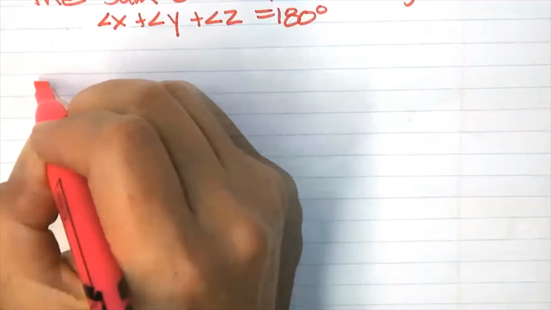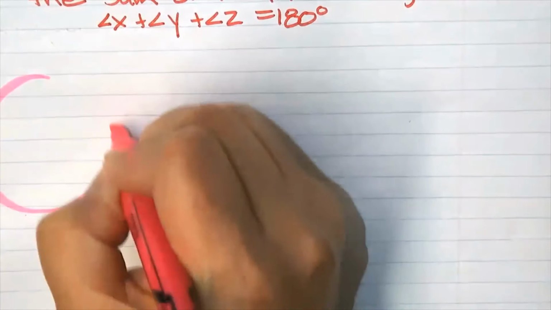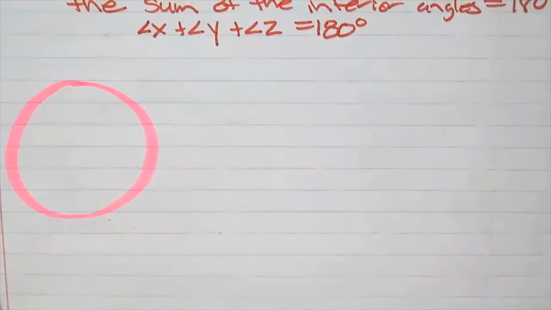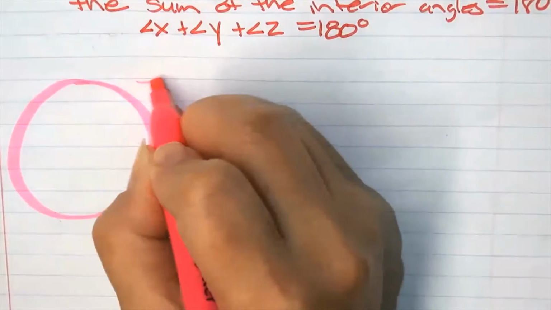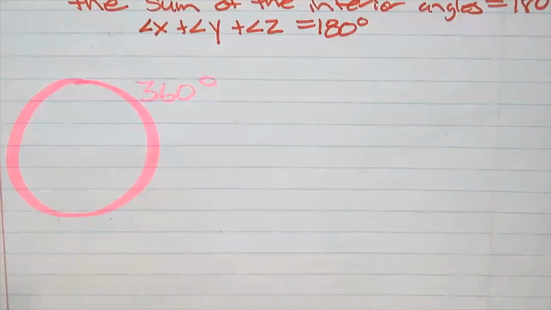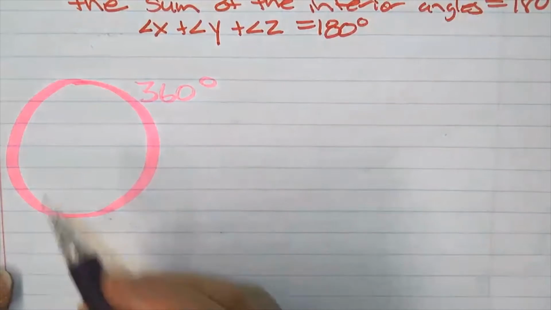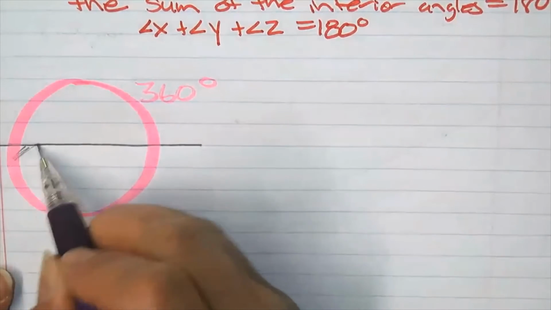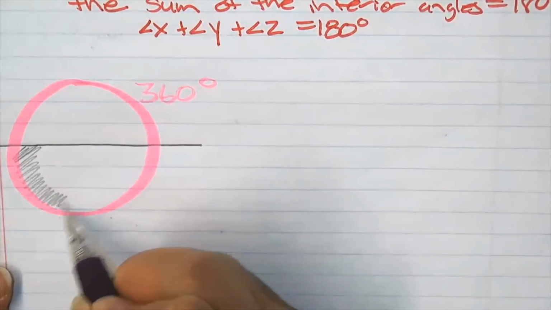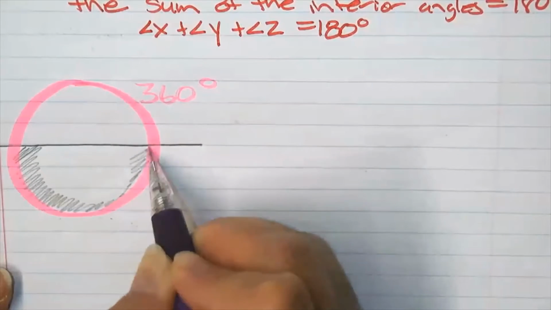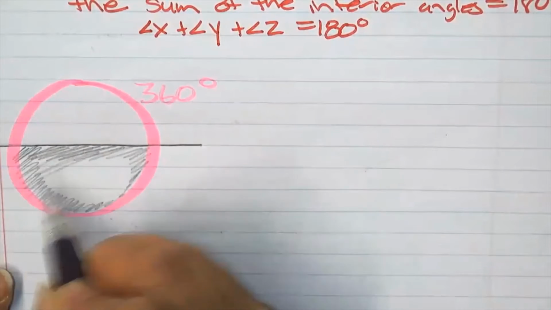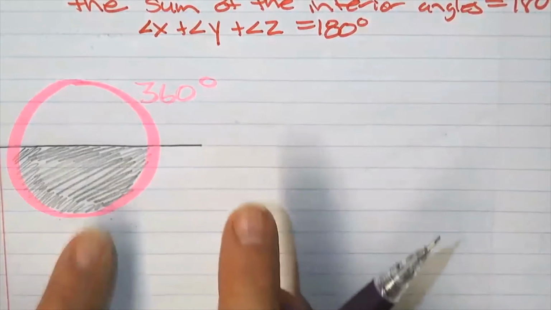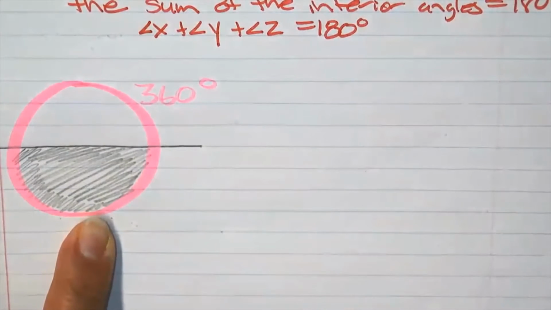Okay. We have a circle. How many degrees are in a circle? So a circle has 360 degrees, right? If we cut that circle in half, we used a straight line to cut that circle in half, right?